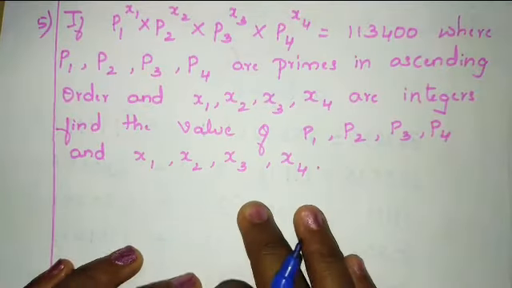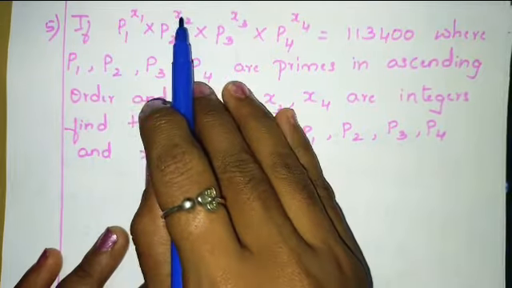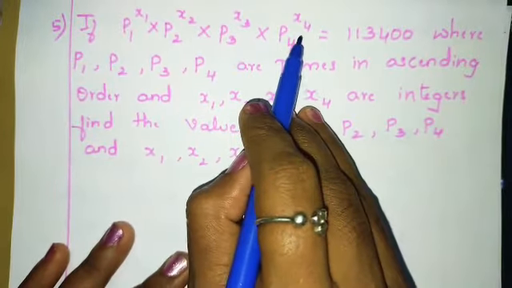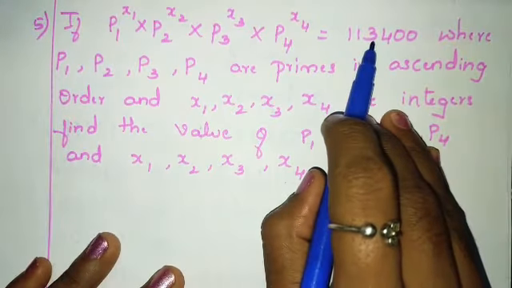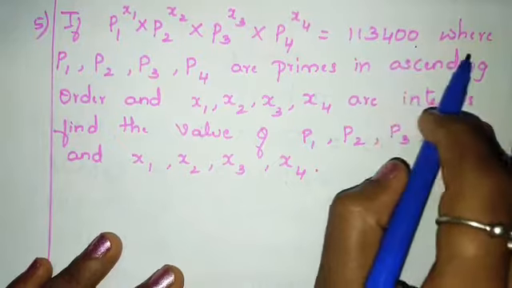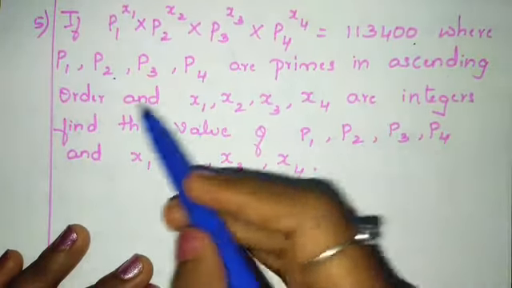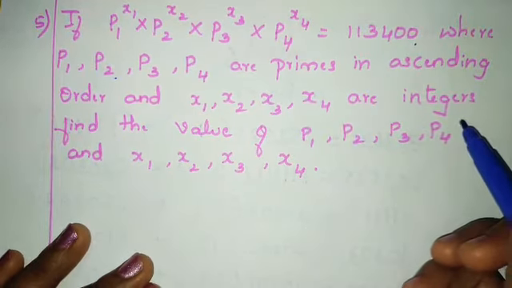So next, fifth sum. If p1 to the power of x1 into p2 to the power of x2 into p3 to the power of x3 into p4 to the power of x4 is equal to 113,400, where p1, p2, p3, p4 are the primes in ascending order and x1, x2, x3, x4 are integers.